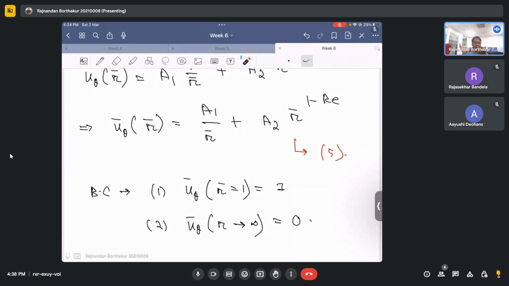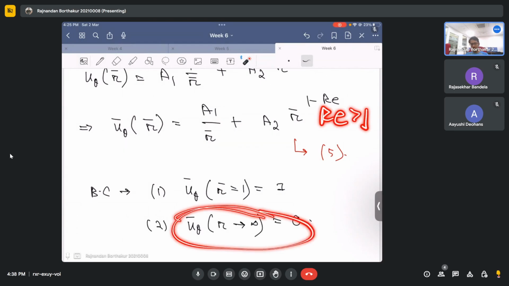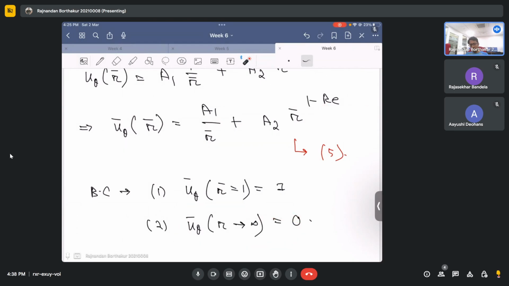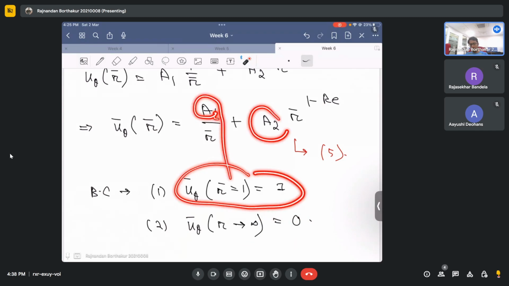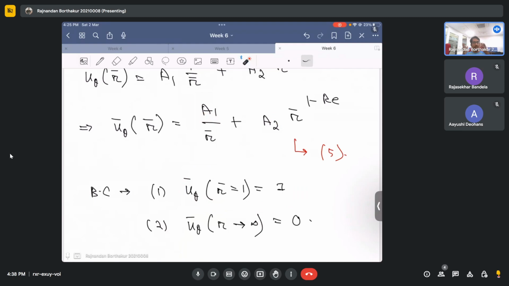We just have one condition, because this condition will not give me a1 and a2. When Re is greater than 1, this is trivially satisfied, right? So this means I just have one condition and I need to figure out two constants a1 and a2. So in other sense, we cannot uniquely determine the solution of this problem for Re greater than 1. That's the main drawback of this analysis.